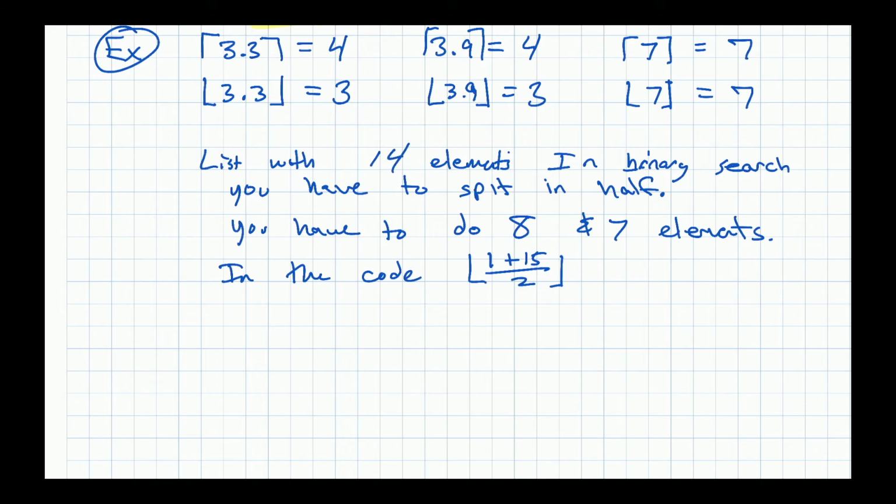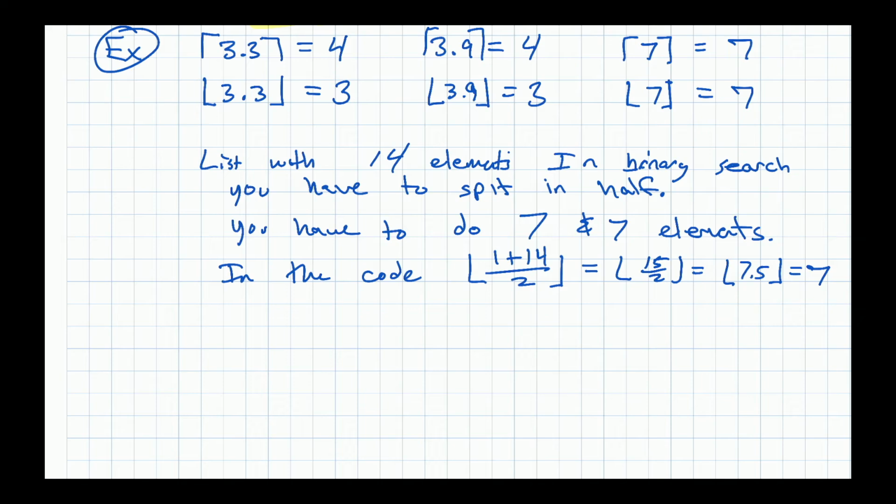Guess we're going to do 14. Which would be 7 and 7. This is annoying. So when you did this, you'd be adding 1 and 14, which is 15 over 2, round down. So you would end up with the floor of 15 over 2, which is 7.5 floor, which would be 7.